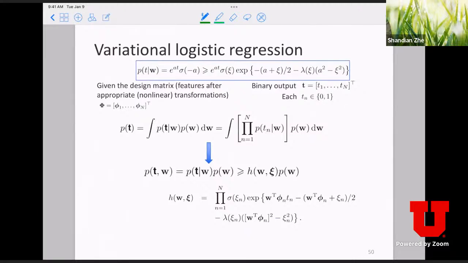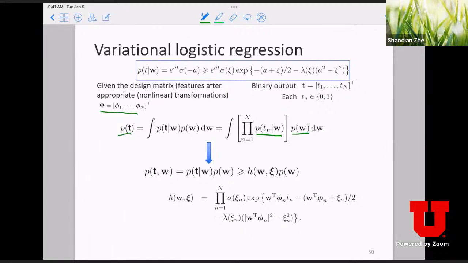So now, if you look at the joint distribution, suppose we have n data points. For each data point, we have a likelihood P of t_n given w, and we have a Gaussian prior P of w.